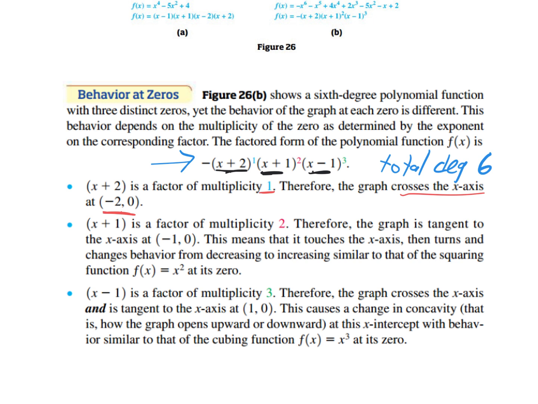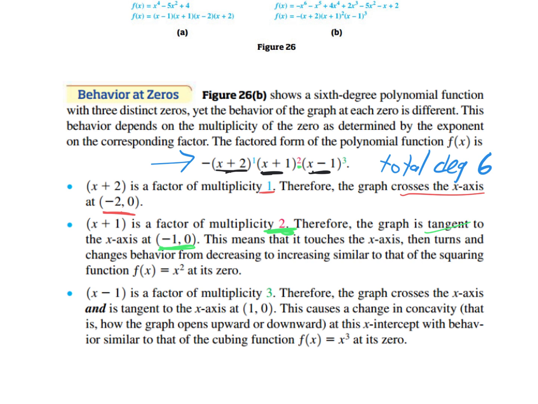And then our next one is, of course, a multiplicity of 2. Now, what does that mean? That means that my function is squared on that factor. They give this term tangent to it, but realistically what it means is it bounces off of this point.